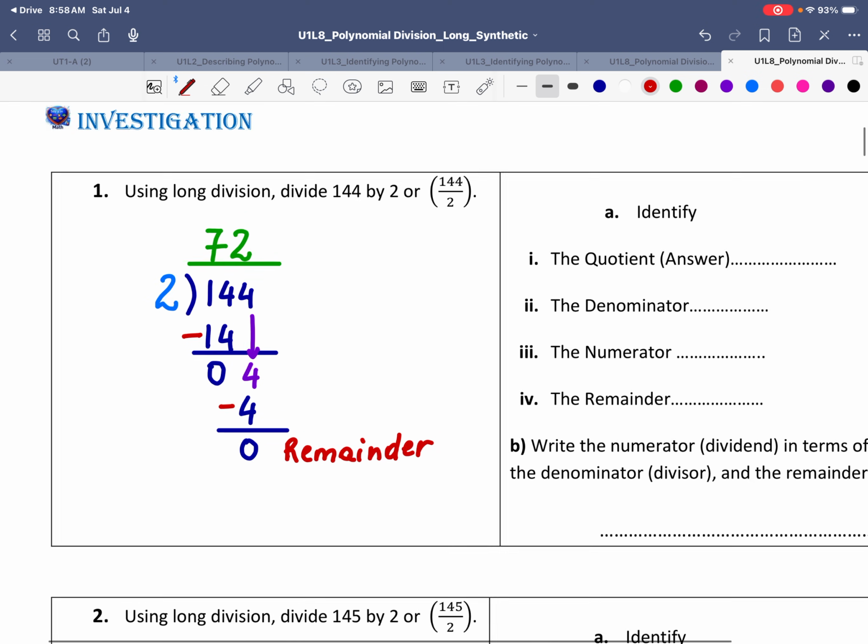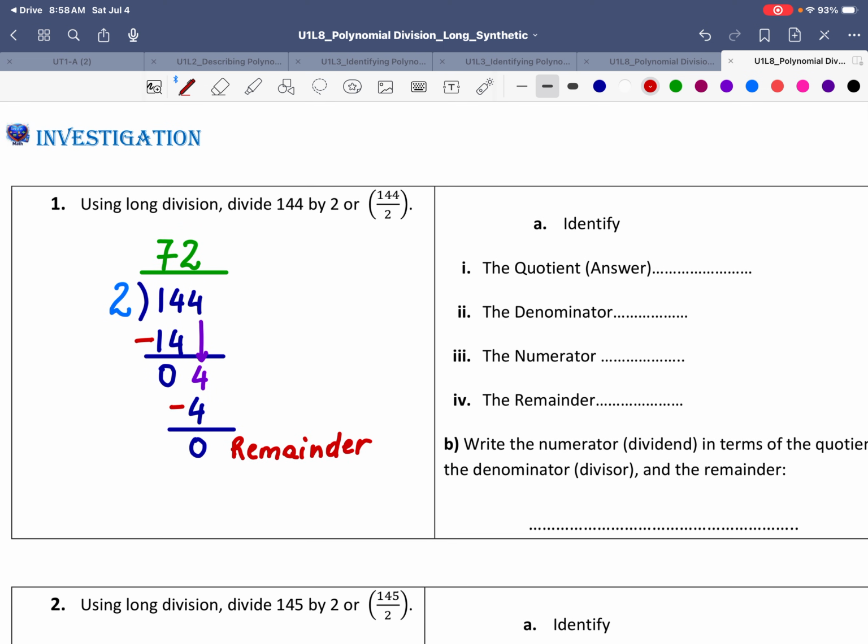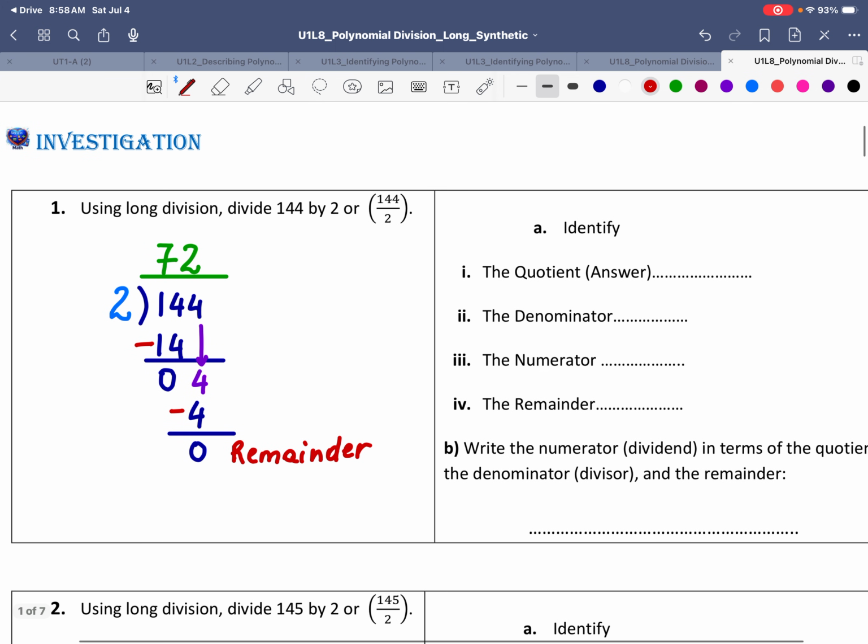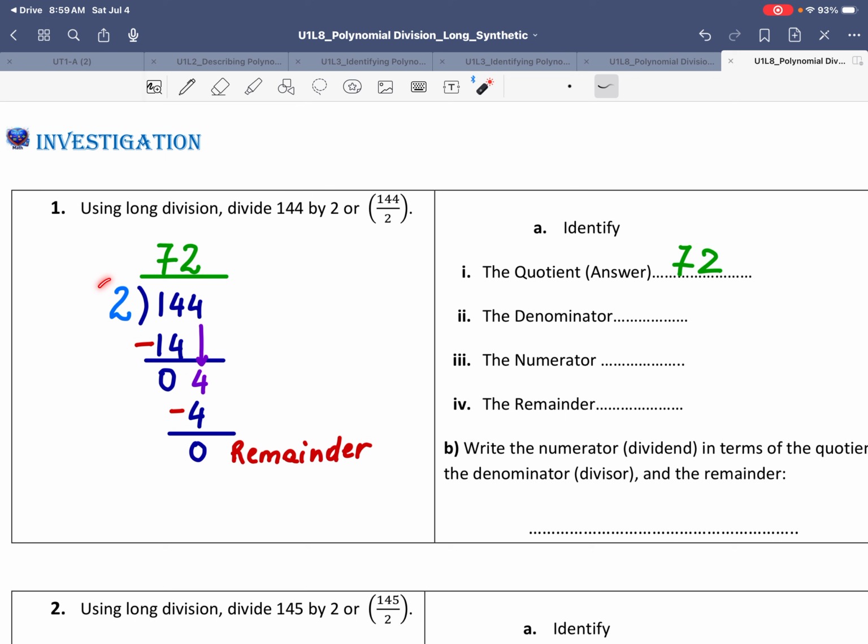Now, looking at this division, we have to identify a couple of items. So first of all, the quotient or the answer is 72. The denominator, we call this a divisor as well, but we'll talk about it later, is equal to positive 2. The numerator is the number that we are dividing, 144, and the remainder is equal to 0.